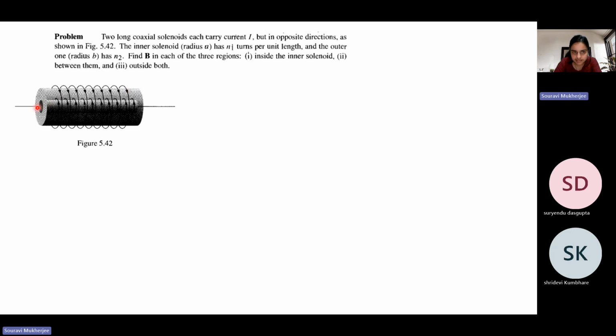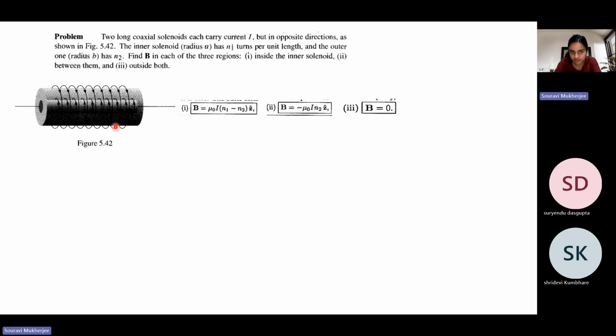While in the internal region, inside the inner solenoid, there'll be contributions from both the solenoids. And because they have currents flowing in different directions, the field direction will be opposite. So basically, you will have a resultant which will be given by the difference between the two, right? So you end up getting mu 0 I (N1 minus N2), because the direction of current is different.